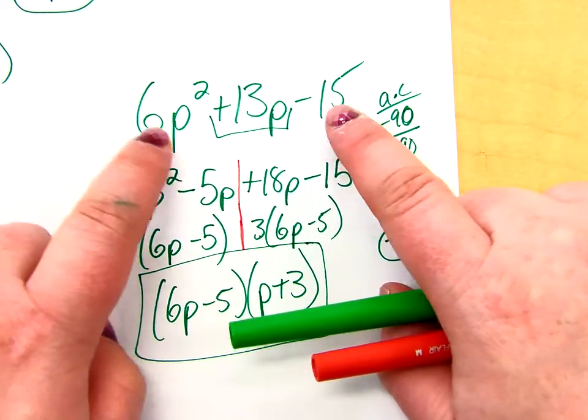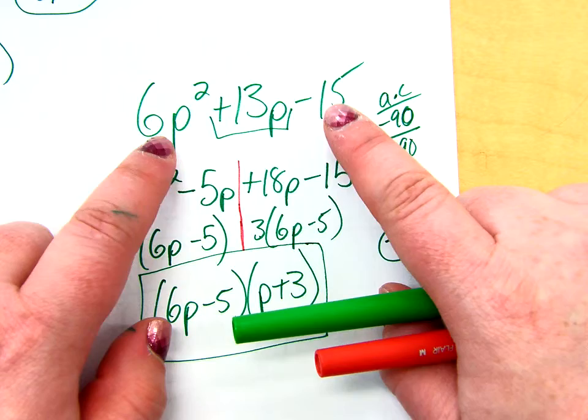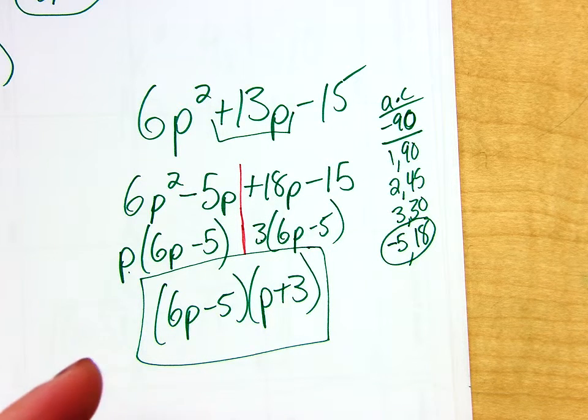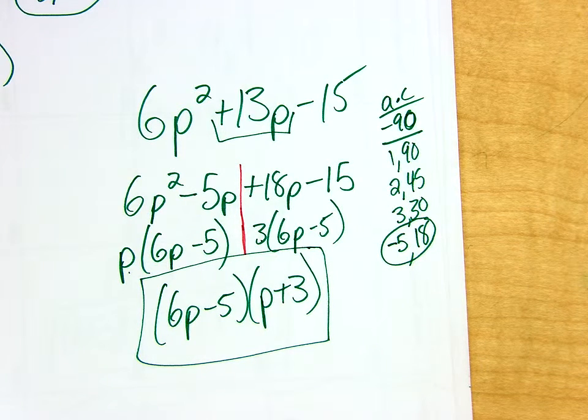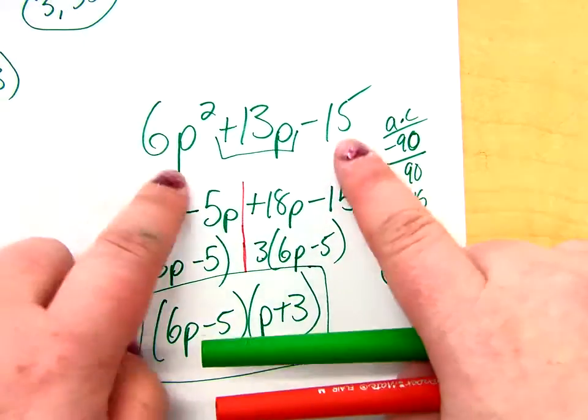Because you're multiplying those two numbers together. So what if it was like 24 and 25? Now you're dealing with a really big number. When you do the t's, you're only using the factors of 24 and the factors of 25. So they never get that big. So if you don't have access to a calculator, I would do the t's for sure. Otherwise, these numbers can get really, really big really fast, depending on what these numbers are.